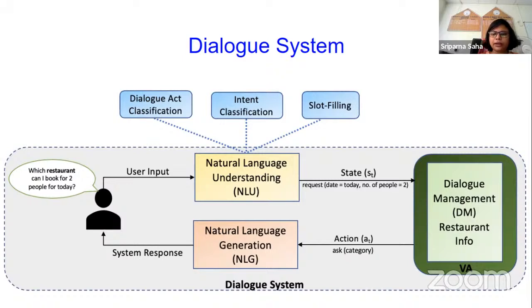Finally, we get the state information. The state has 2 pieces of information: date equal to today and number of people equal to 2, and it's a request because the user is asking a question. Now there is a dialogue manager component.